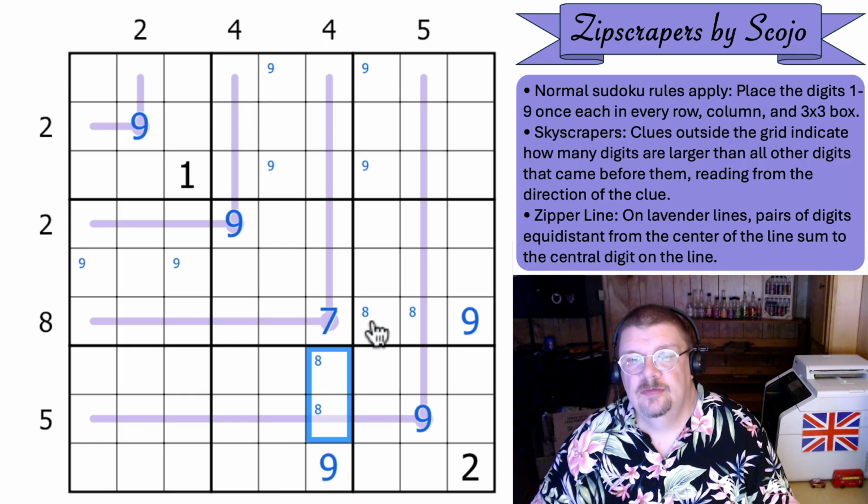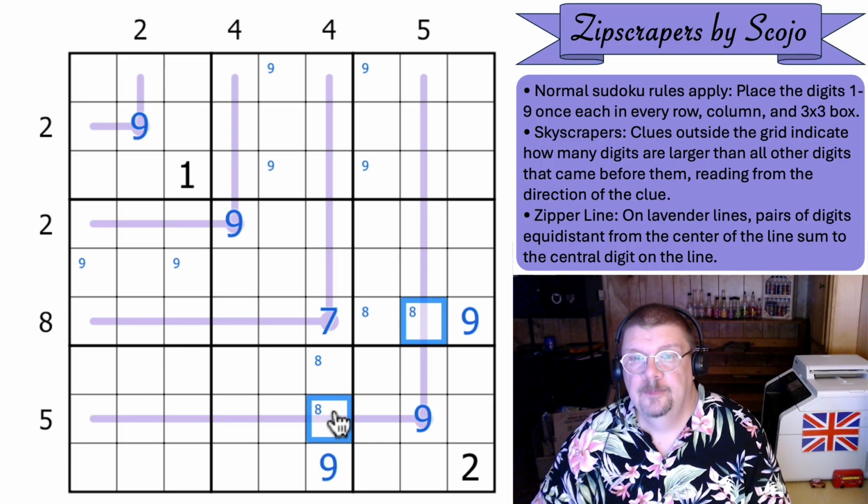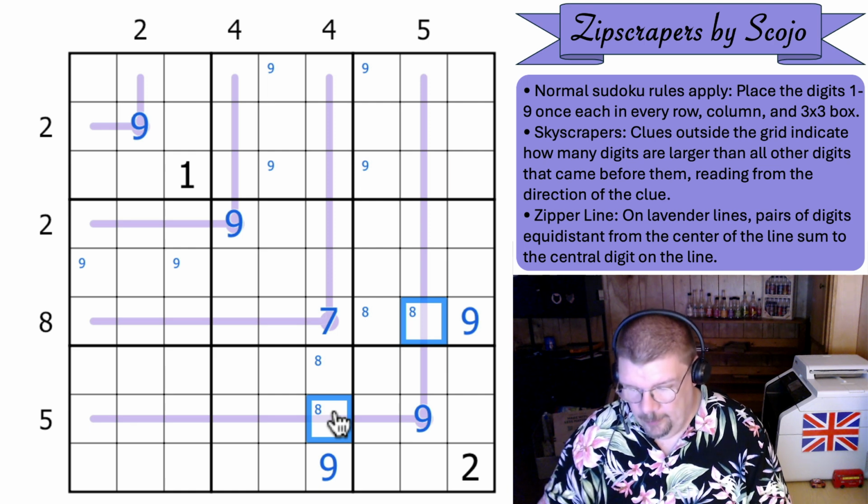But if they sum to 7, I can't have both of those being 8s and then these two digits being the missing digits, because if they were, they would simultaneously have to sum to 7 and sum to 9. Therefore, one of those two is an 8, and the other must be a 1.